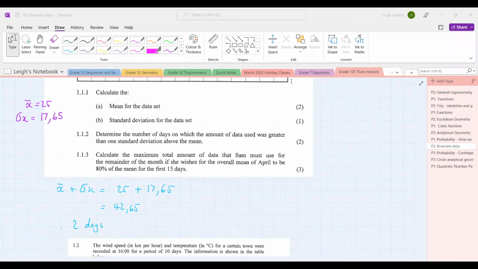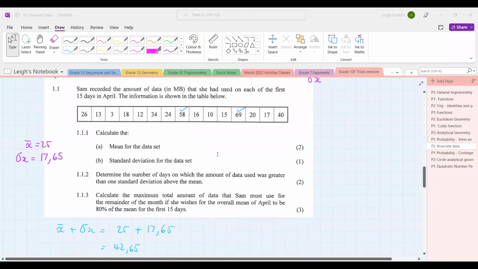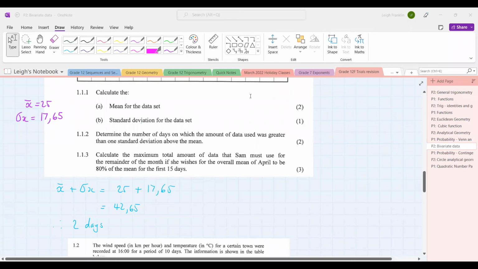If they said to us, determine the percentage of the number of days, what would we do with our answer? If the question was a little bit different and they asked us for a percentage? How would we calculate the percentage? Go for it, Naledi. What would we do?